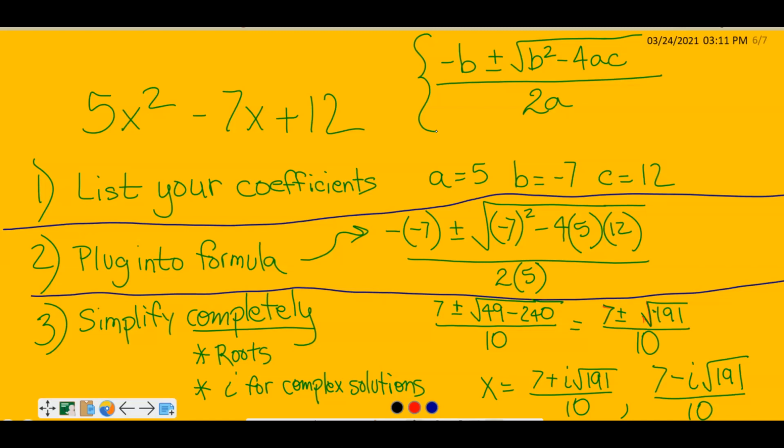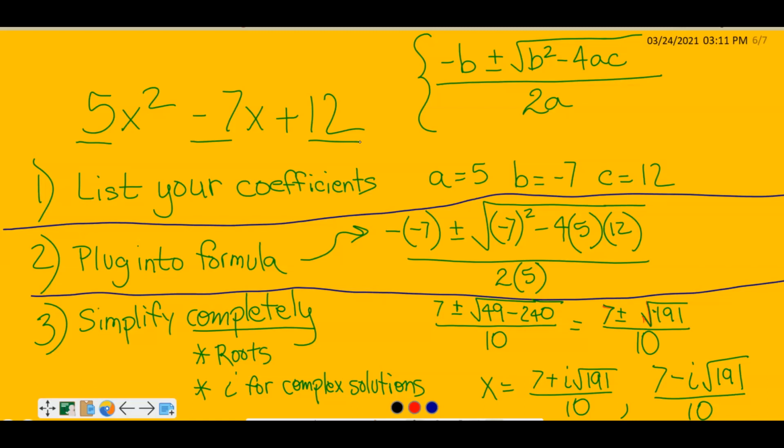So our A coefficient is positive 5, our B coefficient is negative 7, and our C coefficient is 12. All right? So this is another thing I strongly suggest that you not skip. Step 2 is plug all of the numbers into the formula before you start doing anything. That way, it's easy to go back and see where you might have made a mistake.